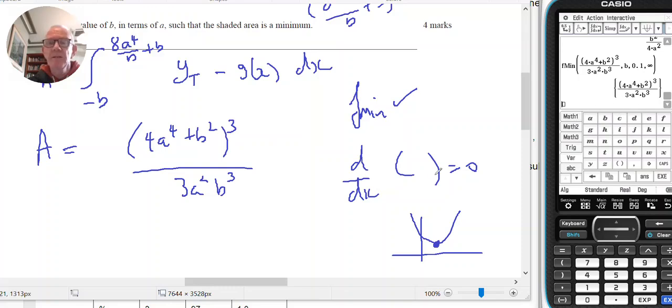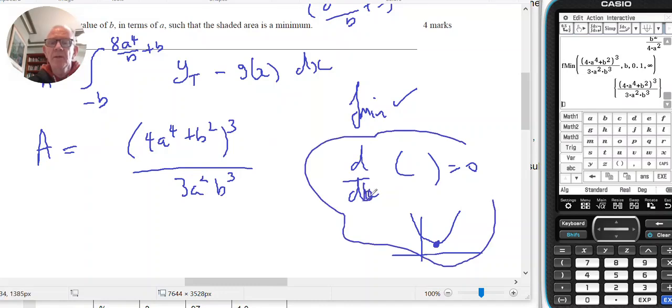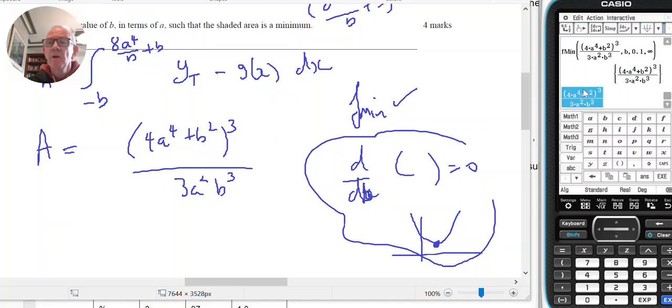So the problem is I've got A's and B's, so I need to take the derivative. I'll take the derivative with respect to B and then set it equal to 0. So math, derivative with respect to B, make that equal to 0 and then solve for B.